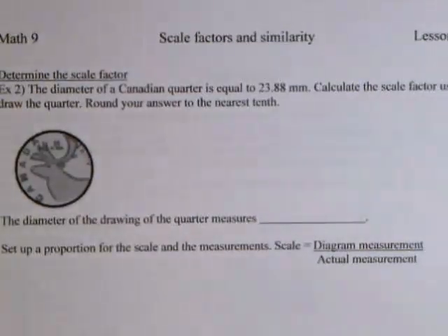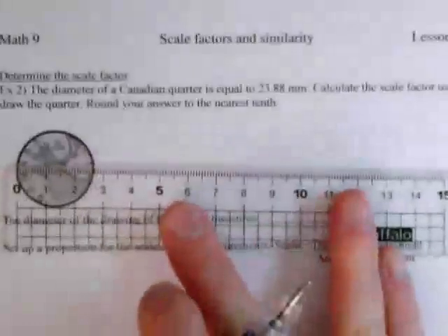Here we have the diameter of a quarter is equal to 23.88 millimeters. Be very careful on that. It's millimeters. We want to calculate the scale factor used to draw the quarter, and we want to round our answer to the nearest tenth. So what this means is that we had the original quarter in our hand, the physical quarter, and then somebody decided to make a drawing of it.